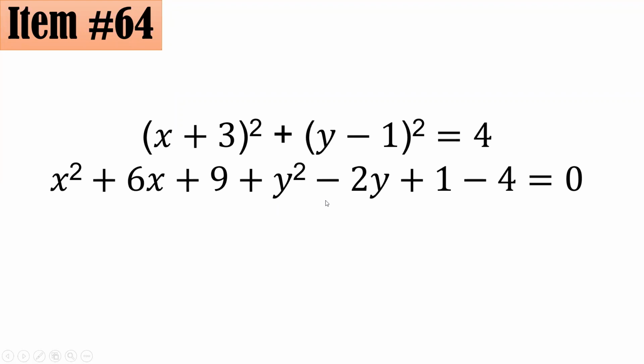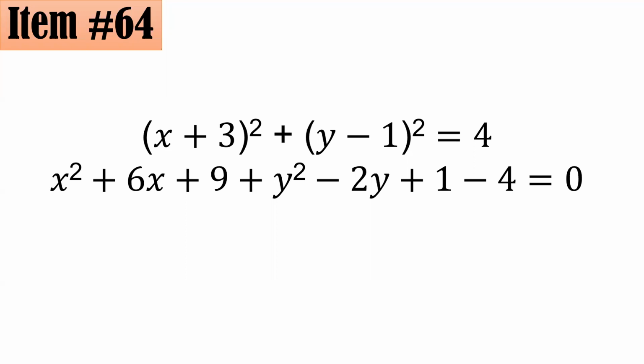This y squared minus 2y plus 1 is the square of y minus 1. That is, y minus 1 squared, y minus 1 times y minus 1 will give you y squared minus 2y plus 1. And of course, with the intention of making the right-hand side equal to 0, I subtracted this positive 4 on the right, it became minus 4 on the left. That's why it makes the right side 0.